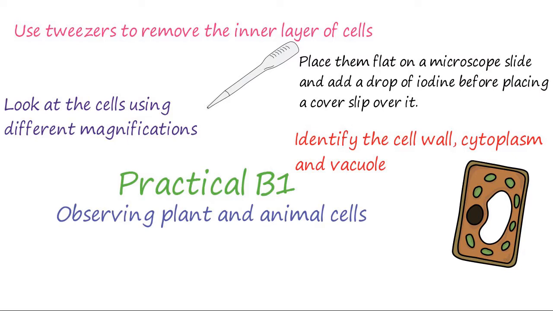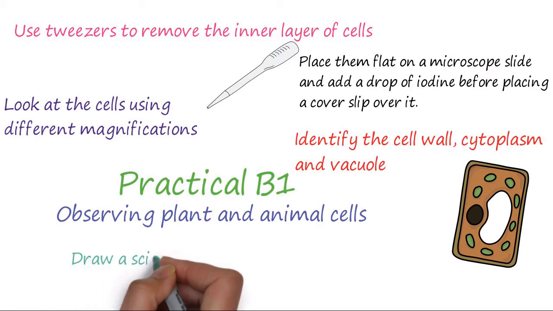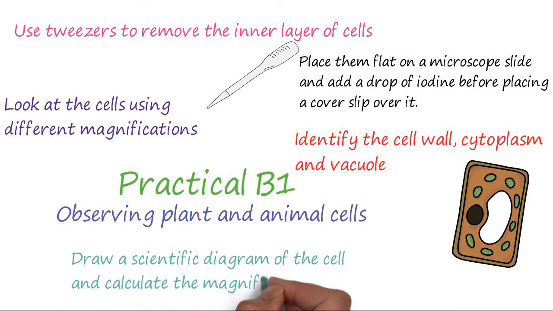As well as the structures visible in the onion cell, you should also be able to see chloroplasts, as these are photosynthesizing cells. Draw a diagram of each cell, making sure to label the structures that you can see. Record the magnification you've used to observe the cells, and then you can use this to work out the actual size of the cell using the above magnification triangle.